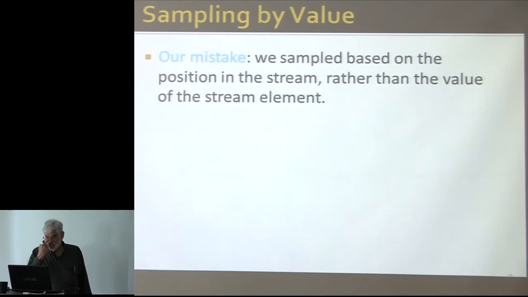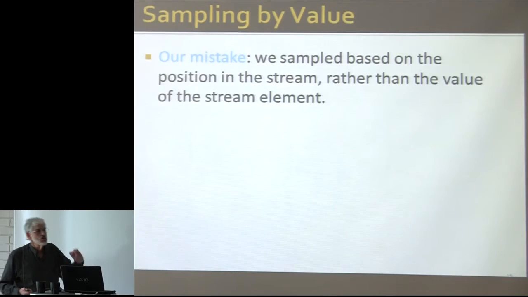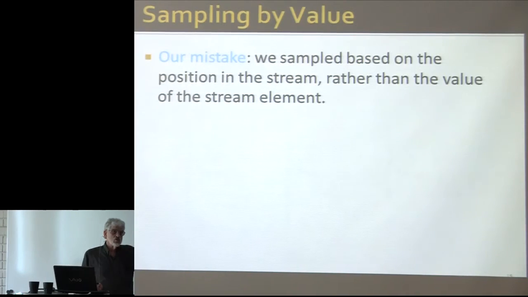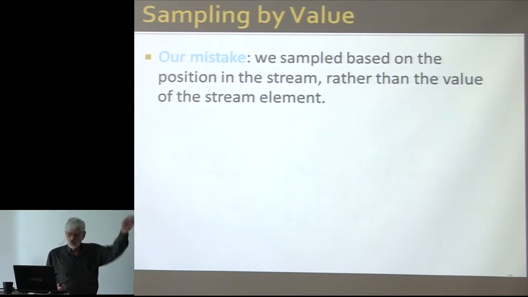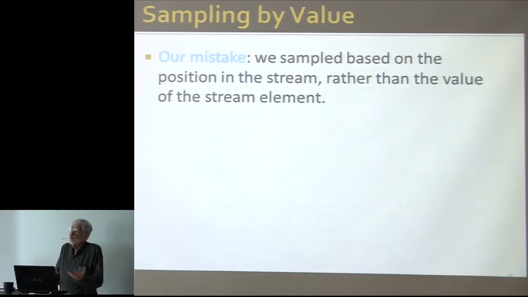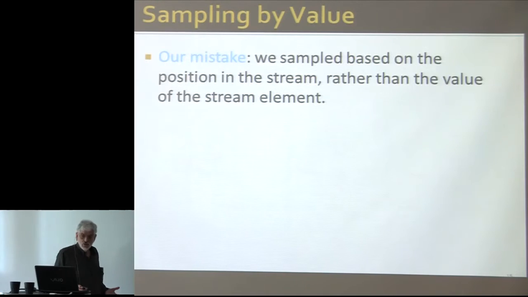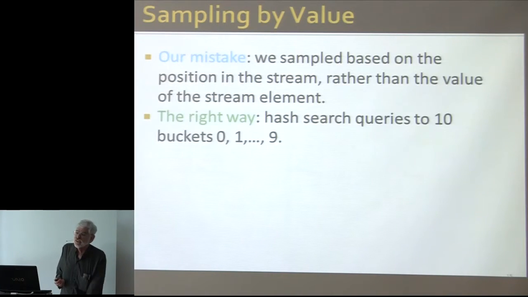Okay, what was going wrong was we were sampling based on the position in the stream. So we're just looking at the stream but taking this position, that position, and so on at random. What you want to do is sample values. But you don't know what the values are. You don't know what all the search queries are going to be in a month. So this is another application of hashing.